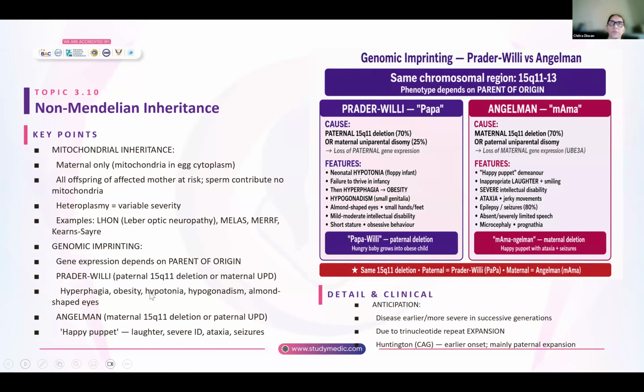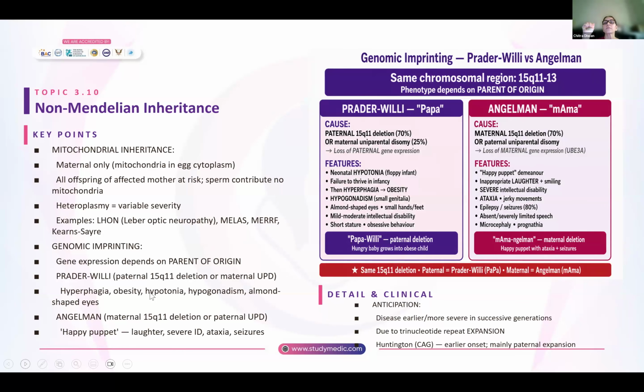What happens in genomic imprinting is that expression of the gene depends on the parent of origin, like whether the defect is in the mother or in the father. So in Prader-Willi, the defect is in the same chromosomal region, 15q11 to 13.